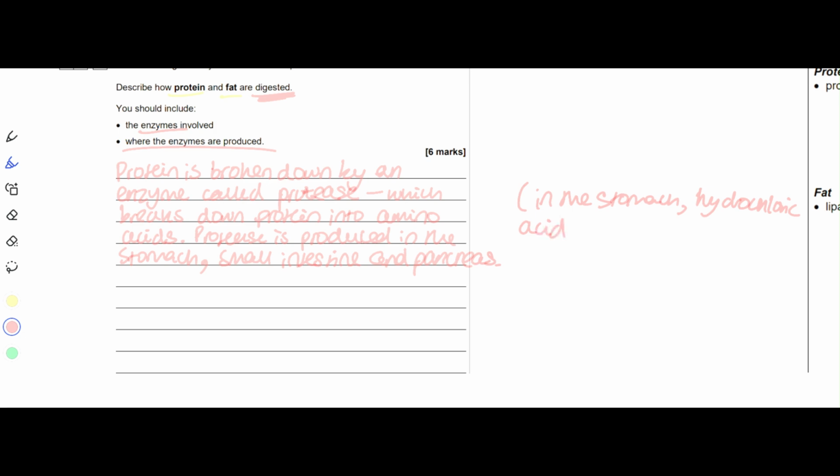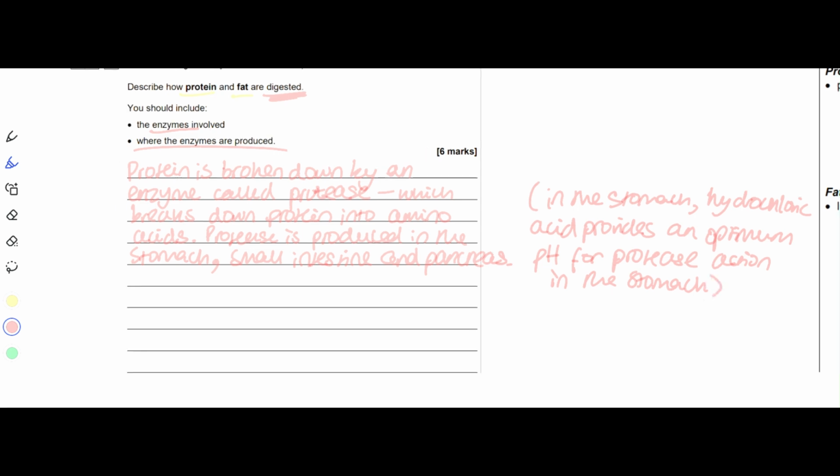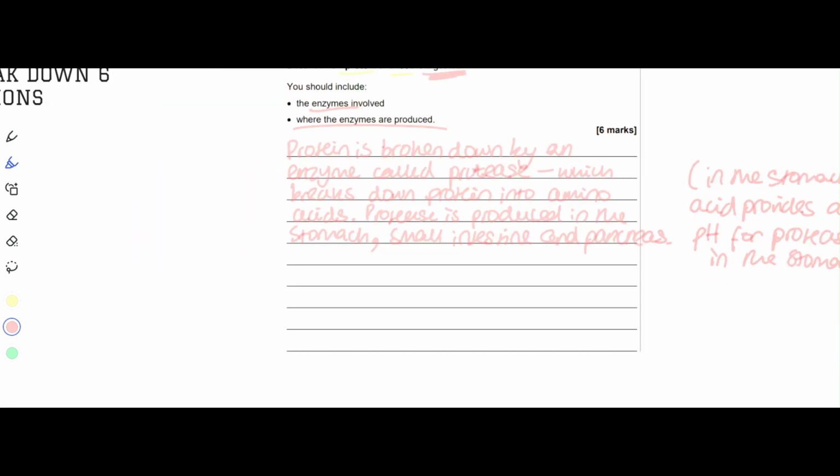Hydrochloric acid provides an optimum pH for protease action in the stomach. So that is what you can mention as your extra bit.